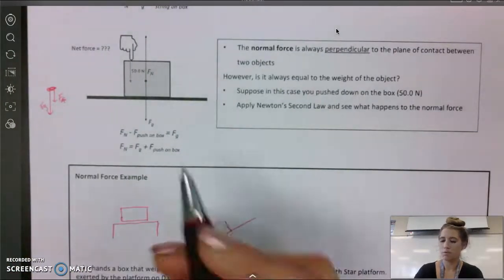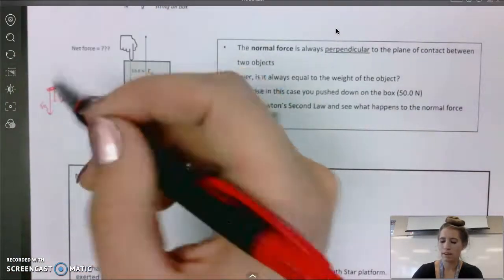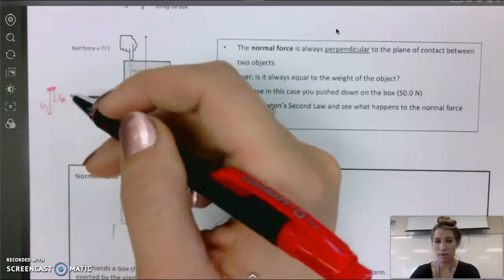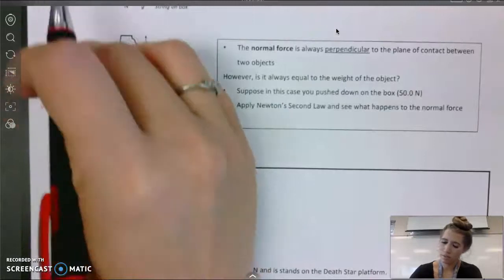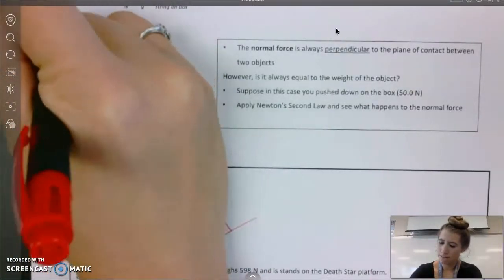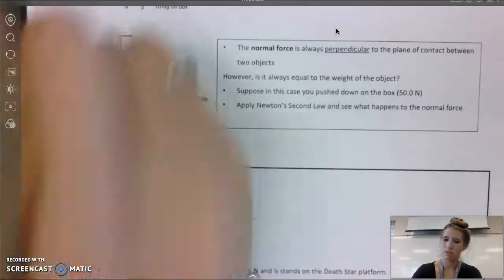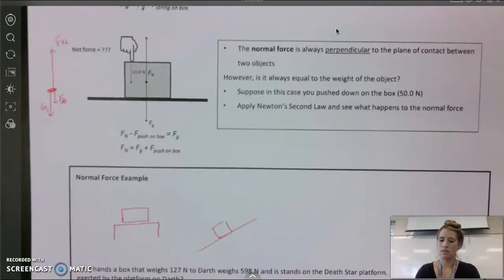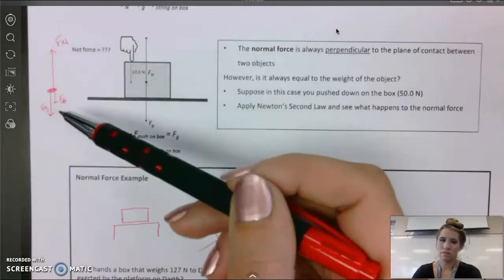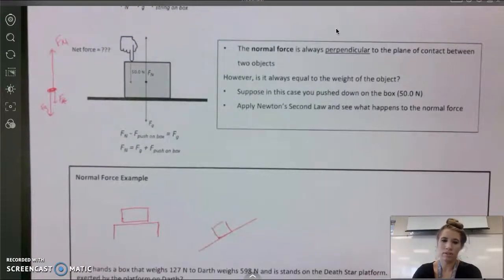And the box is not moving, so the normal force pushing back has to be the magnitude of both of those combined. So in this situation, the normal force is greater than the weight or the force due to gravity.